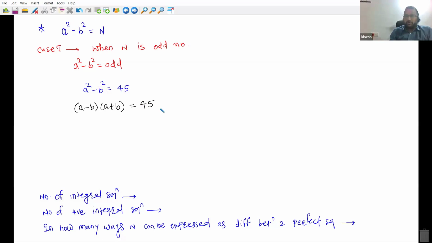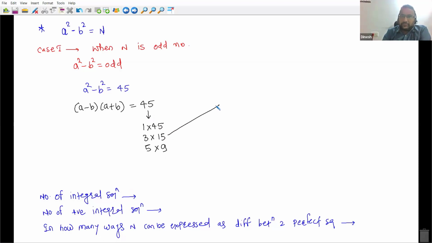Now look here, this 45 we can write as 1 into 45, then 3 into 15, or 5 into 9. Is there any other pair? No, that's it. So these are the three ways in which we can express 45 as a product of two numbers.